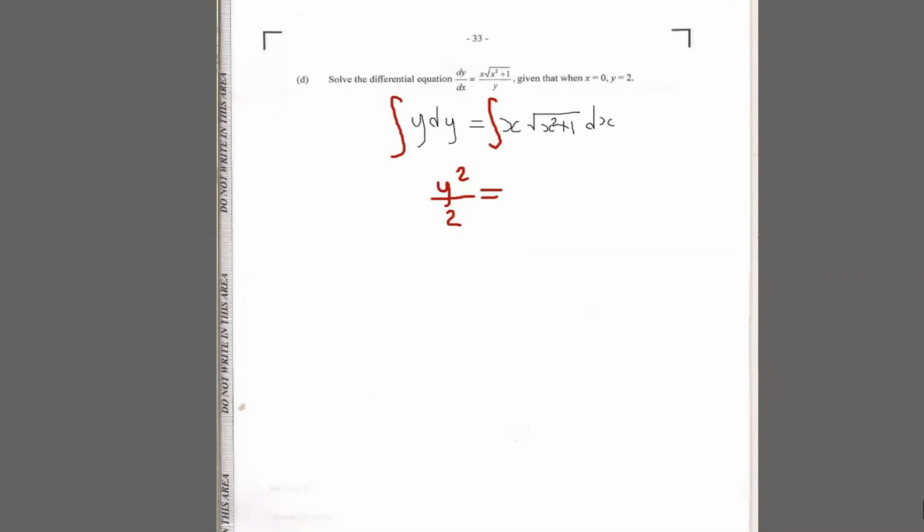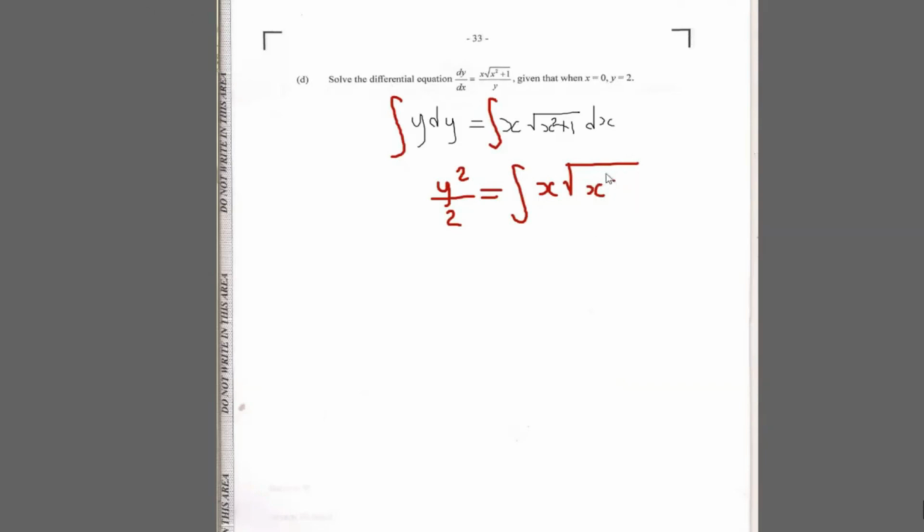So y squared over 2 is equal to the integral of x times the square root of x squared plus 1.